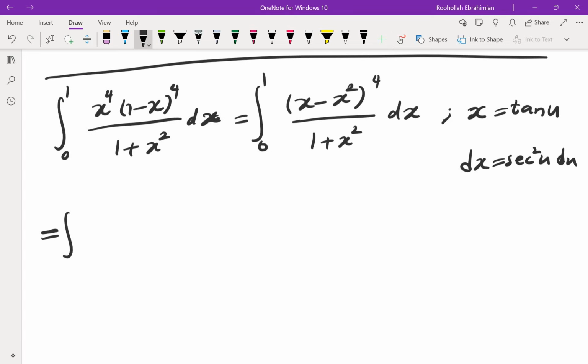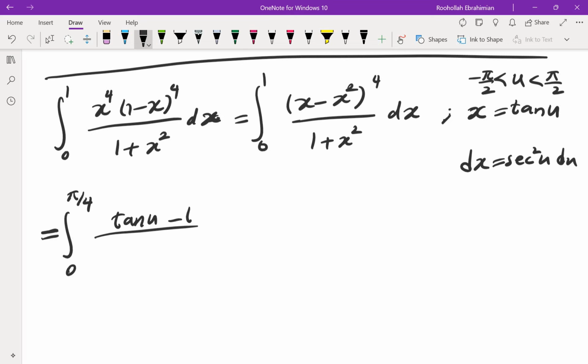Of course, when you do that substitution, u would be between negative pi over 2 and pi over 2. When x is 0, tangent of u is 0, so u would be 0. When x is 1, tangent of u is 1, so u would be pi over 4 in that range.